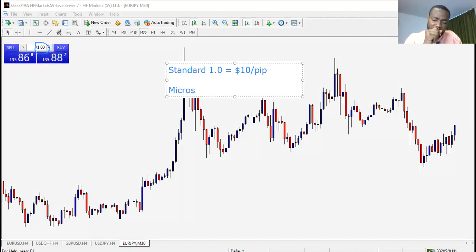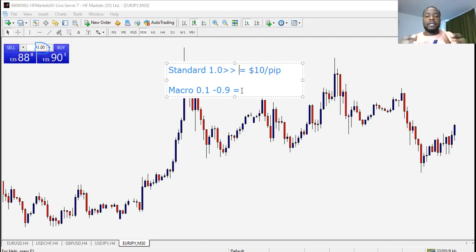There's a mini lot size, which is anything from 0.1 to 0.9. Anything from 1.0 and above is a standard lot.